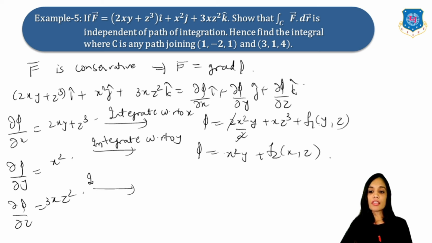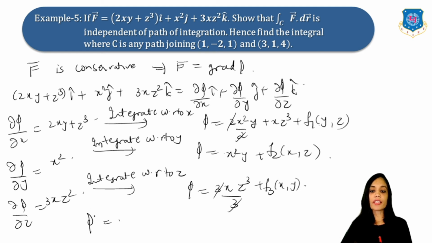And lastly, integrate this with respect to z. So phi will finally be 3 into x into z^3 by 3 plus f3 of (x, y). So these three will get cancelled out. Write each term once, and the scalar potential phi will be x^2 y plus xz^3 plus c. Okay, so this is the answer of the scalar potential.